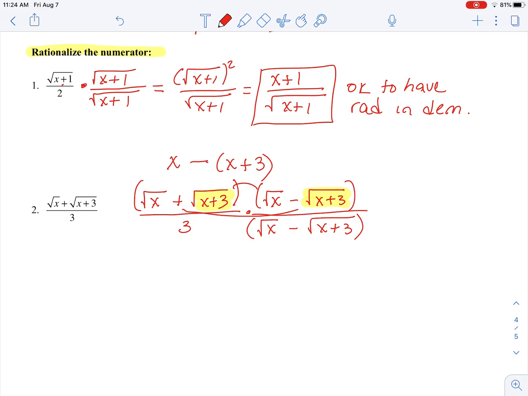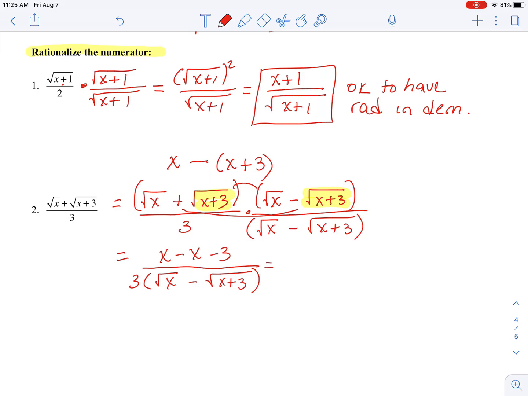That's a quantity you're subtracting, so make sure you put parentheses around it. So in the numerator, I'm left with x minus 3, and in the denominator, do not distribute, just leave it alone. That's what I meant before, only distribute what you're rationalizing.